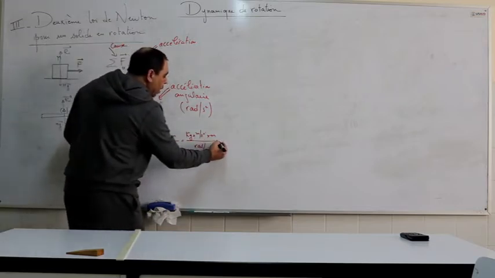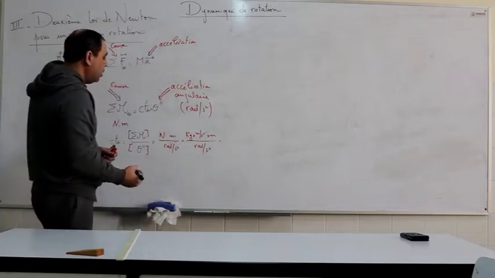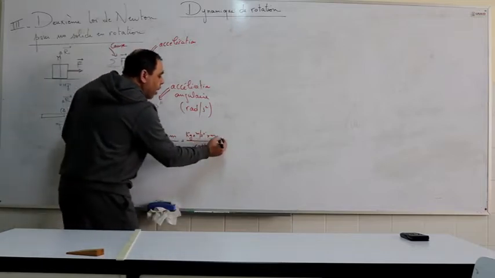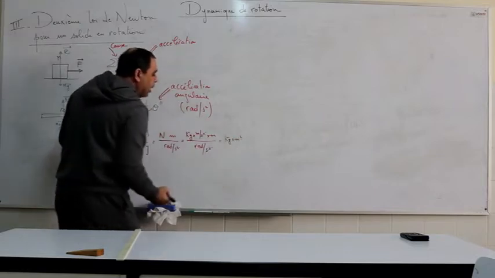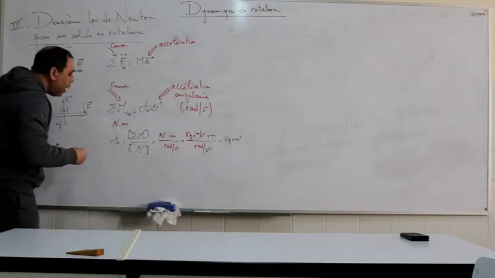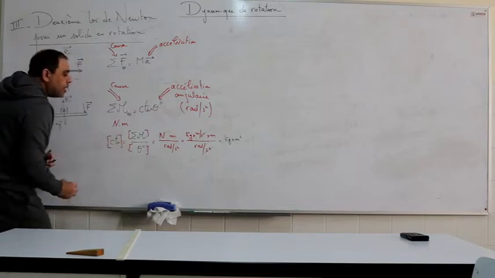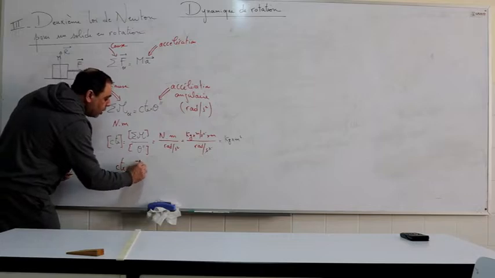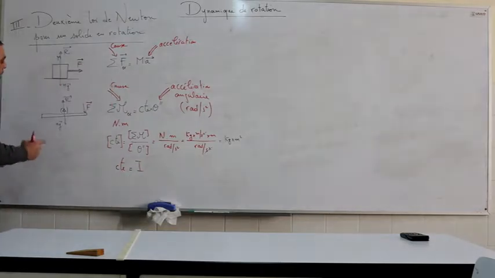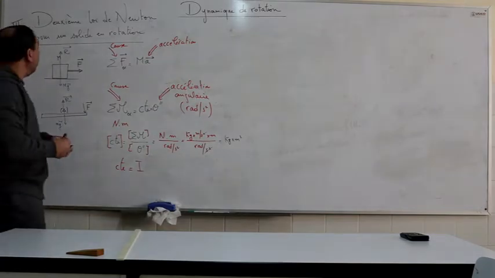So the answer will be in kilogram meter squared. This unit, the kilogram meter squared, is the unit of the moment of inertia I. The moment of inertia I of this rod with respect to its axis of rotation.